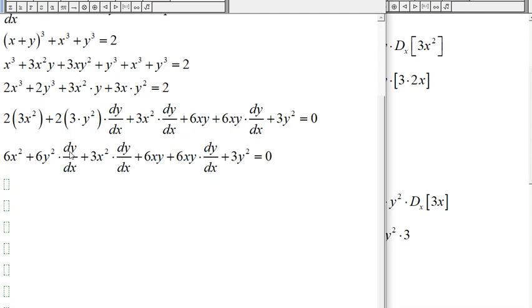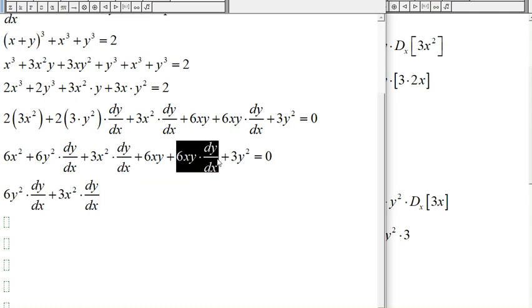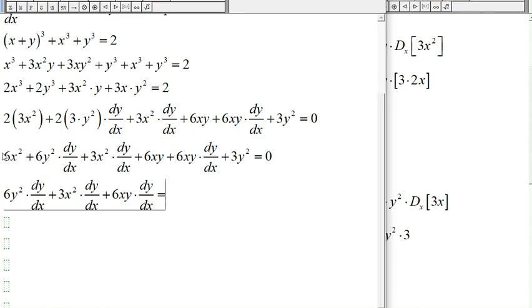And again, we're solving for dy dx, so keep all the terms that have dy dx with dy dx. So this is a dy dx. And then move everything else to the right side. So to move this to the right side, we subtract 6x squared from both sides, then we get minus 6x squared.